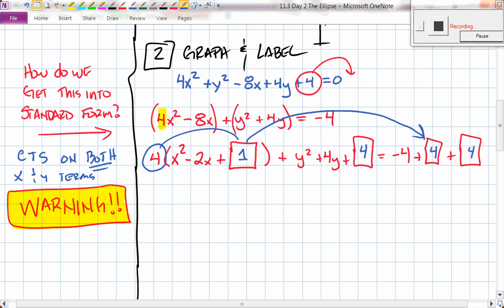Okay, cool. Let's see here. This is going to give me 4 times x minus 1 squared plus y plus 2 squared. On the right-hand side, notice that these cancel out, leaving me with 4. We're almost there. What's my next step going to be? Divide by 4. You got it. Divide by 4, divide by 4, divide by 4.